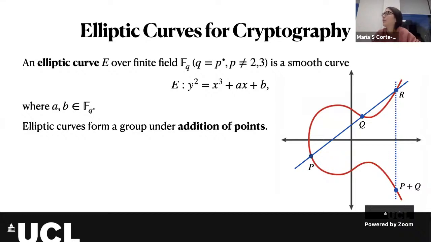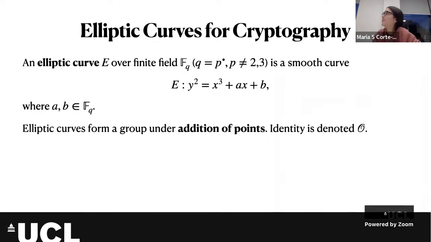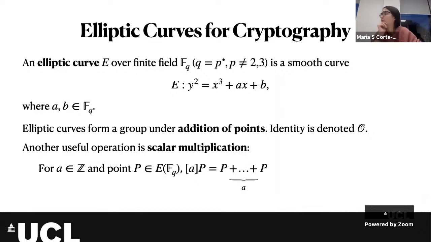A really useful operation that you have on your elliptic curve is scalar multiplication. If you take a scalar A and a point P on your elliptic curve, then you can multiply your point P by the scalar, and we just define that to be the point being added together A times.